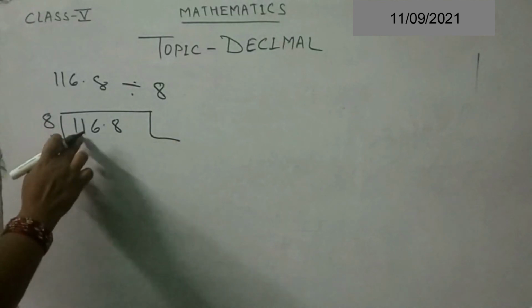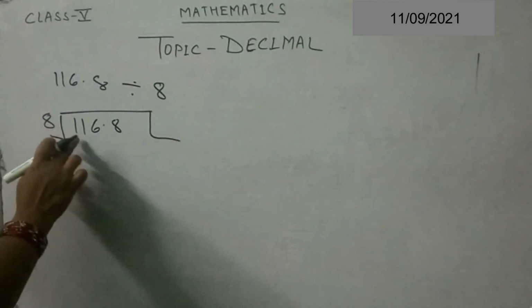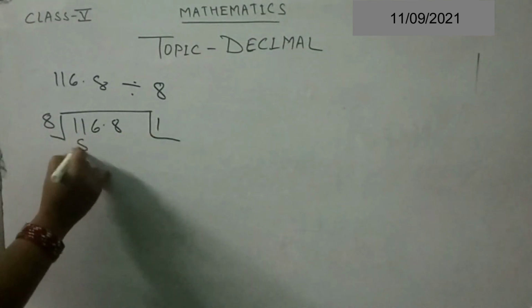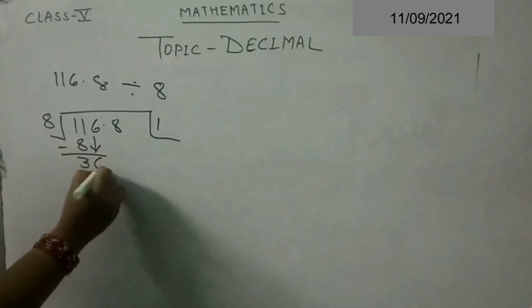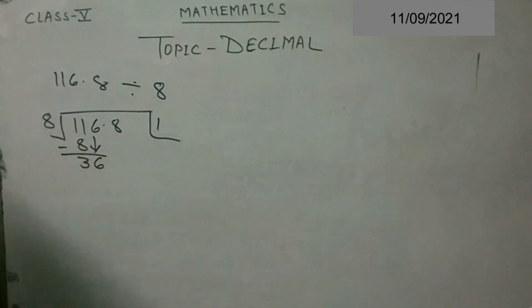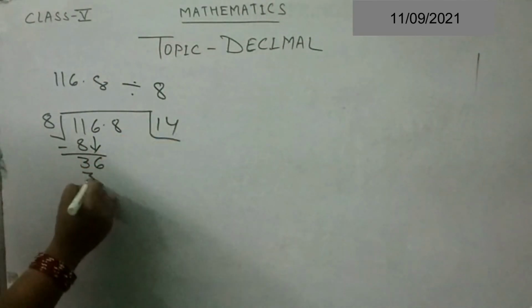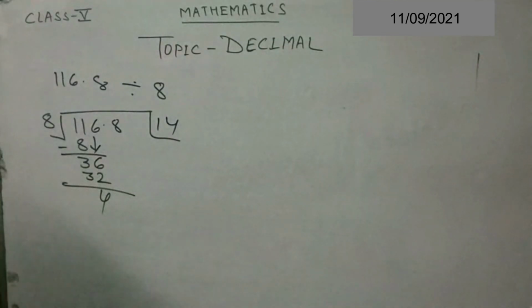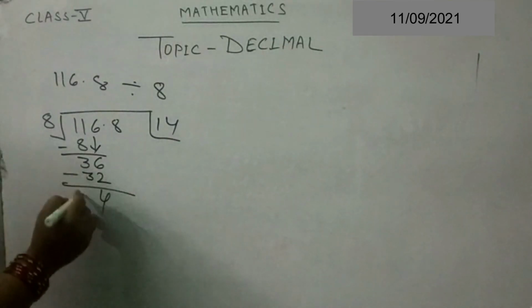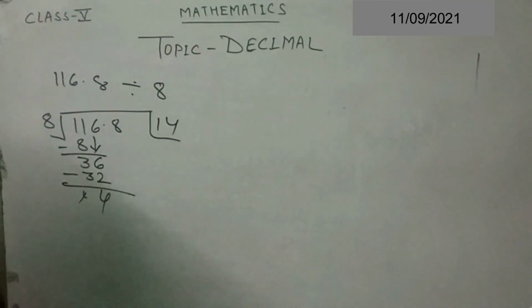First we divide 11. 1 time 8, 8 ones are 8. Subtract. Then the 6 comes down. 8 fours are 32, so we write here 32. Then 6 minus 2 is 4 and 3 minus 3 is 0. Nothing is left.